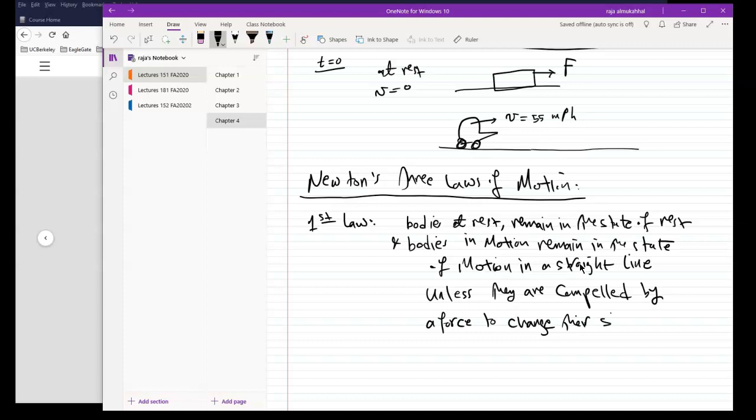To change their state of motion. That's basically the first law.